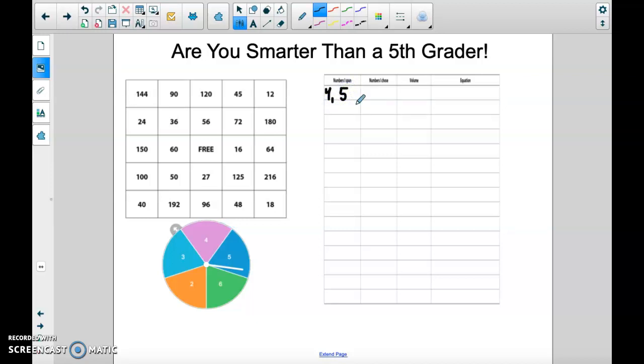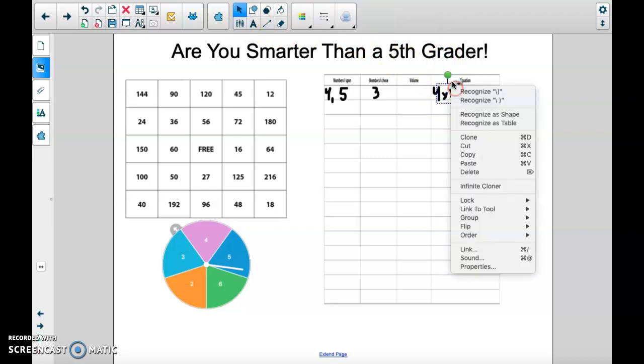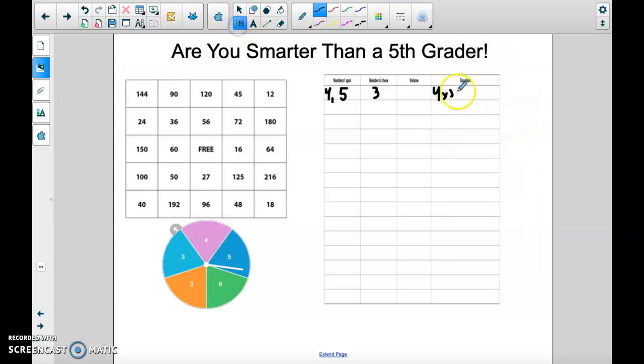So if I choose 3, let's just say, my equation for my volume would be 4 by 5 by 3, which would be 60. And so I would get this space. And this is my board.